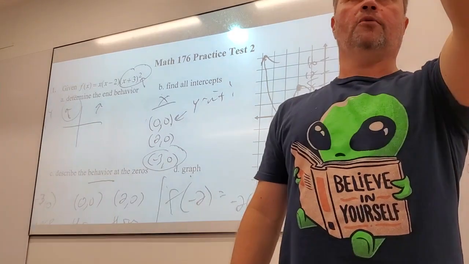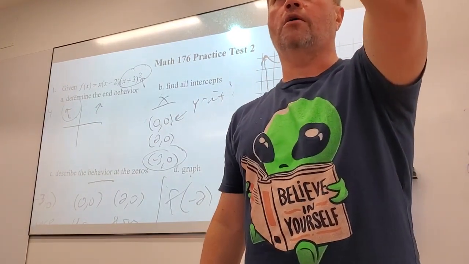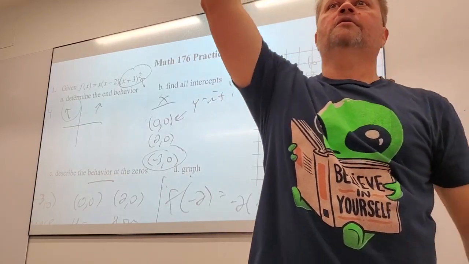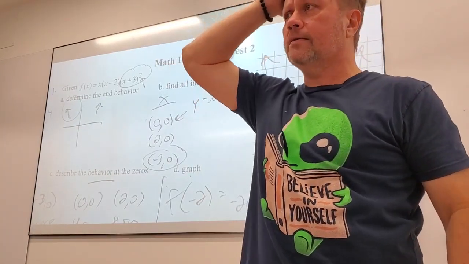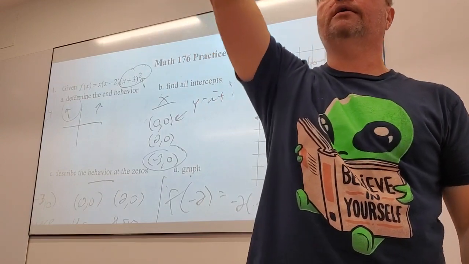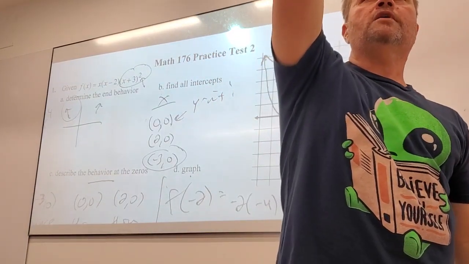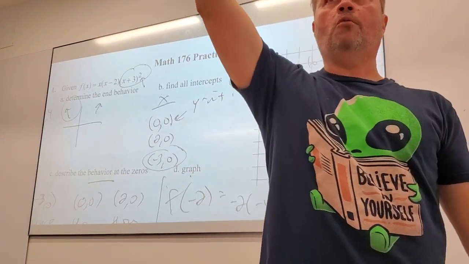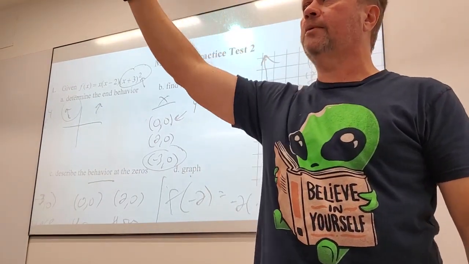You're going to get a lot more points if your graph is wrong and your work is wrong. I want your work to be shown on the graph. That's part of what I'm testing you on: can you take the work you've done and translate it visually? So if you made a mistake in the work, I want that to show up in the graph, and you're not going to lose any points in your graph.